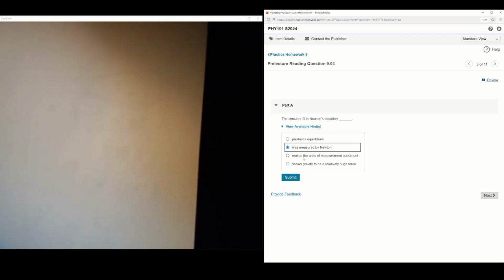G makes the units of measurement consistent. That's weird. G does help make the units of the equation consistent, but not units of measurement. I'm not even sure what they mean by that. And shows gravity to be a relatively huge force. It's not. G is actually very small. Shows that gravity is actually a relatively small force.